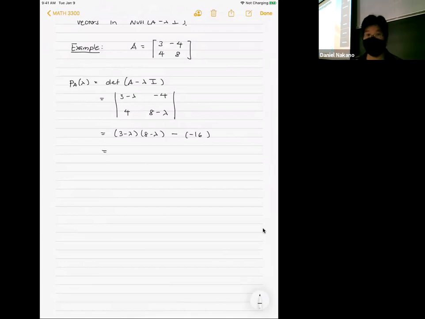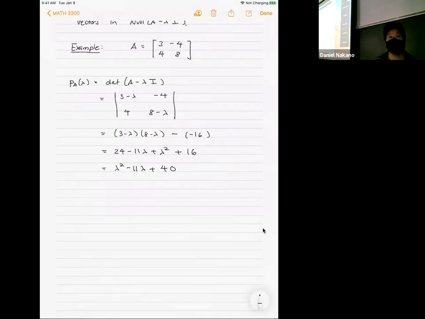So now you have to just write everything out. So this is going to be 24. What's the middle term? Minus 8 lambda, minus 3 lambda, minus 11 lambda, plus lambda squared, and this is plus 16. Okay? So this is going to be equal to lambda squared minus 11 lambda, and then plus 40.